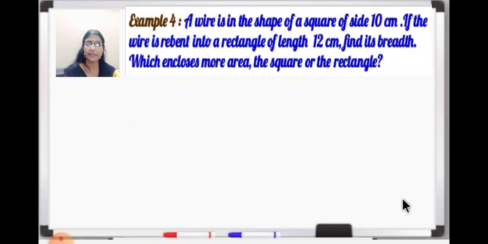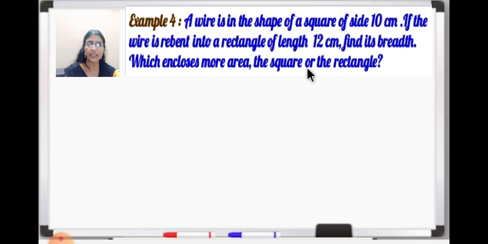Now example number 4. A wire is in the shape of a square of side 10 cm. If the wire is rebent into a rectangle of length 12 cm, find its breadth. Which encloses more area, the square or the rectangle?